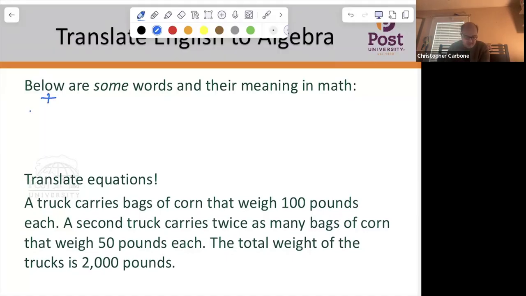But for addition, stuff like add, more, plus would work. Likewise, for subtraction, this would be subtract, less, minus.